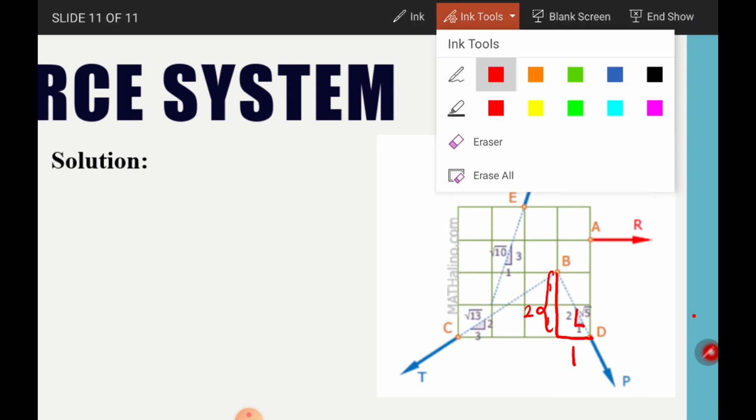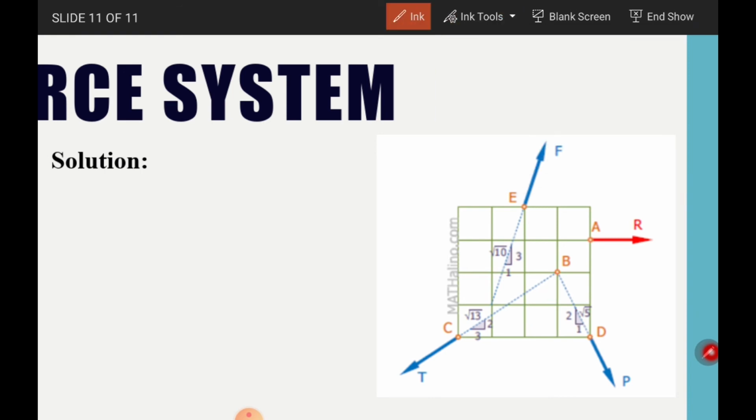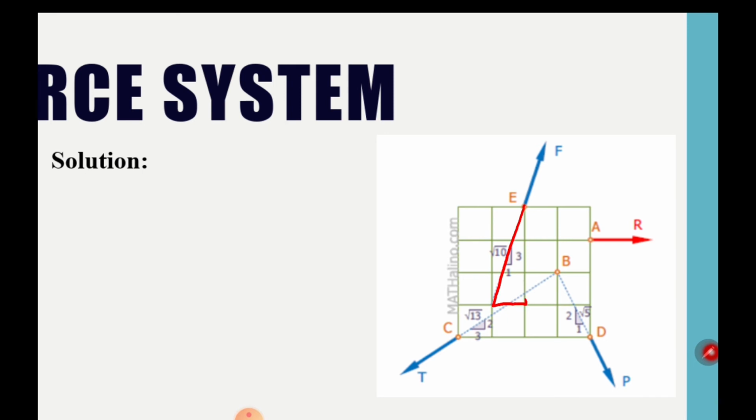Okay? And then, for F, meron ditong triangle. Kaya magkakaroon siya ng slope na 1 and 3. Okay? So, ganyan po yung magiging slope natin. So, paano nakuha to? Paano nakuha itong mga to?